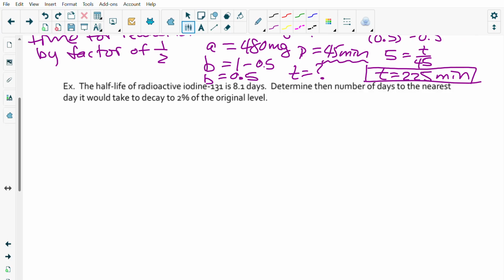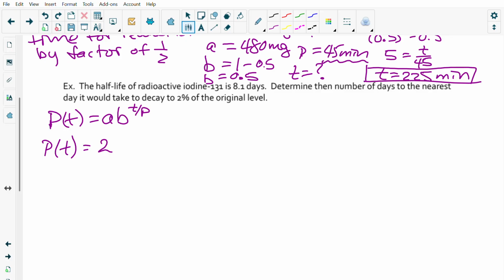Okay, last one on growth decay problems. The half-life of radioactive iodine 131 is 8.1 days. Determine the number of days to the nearest day it would take to decay to 2% of the original level. Okay, so let's write our equation again. P of t. We're looking for 2% of the original value.